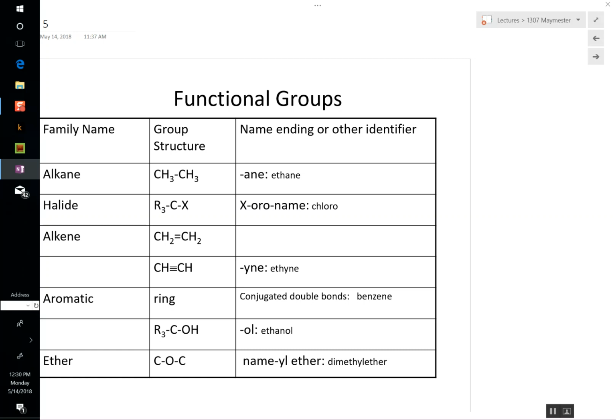The last three words. Yes, Blessing, you're right. That's wrong. That's ethene.